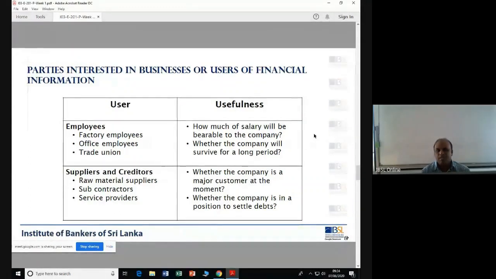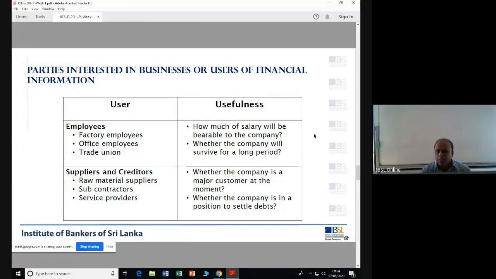One such action is the pay cut. It doesn't mean that doing a pay cut will ensure that you are sustainable, but these are some of the actions that you might take. So as employees, we should know about our organization's financial information, to understand whether this company is going to make sustainable profits in the future to pay salaries to me.